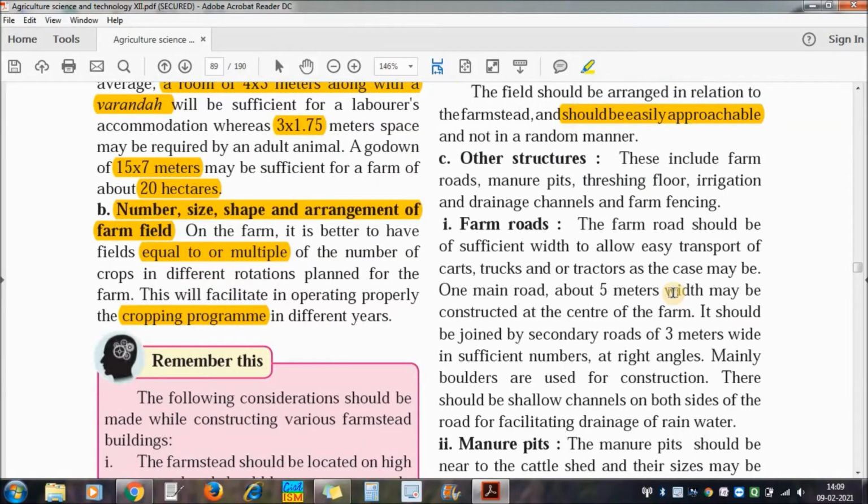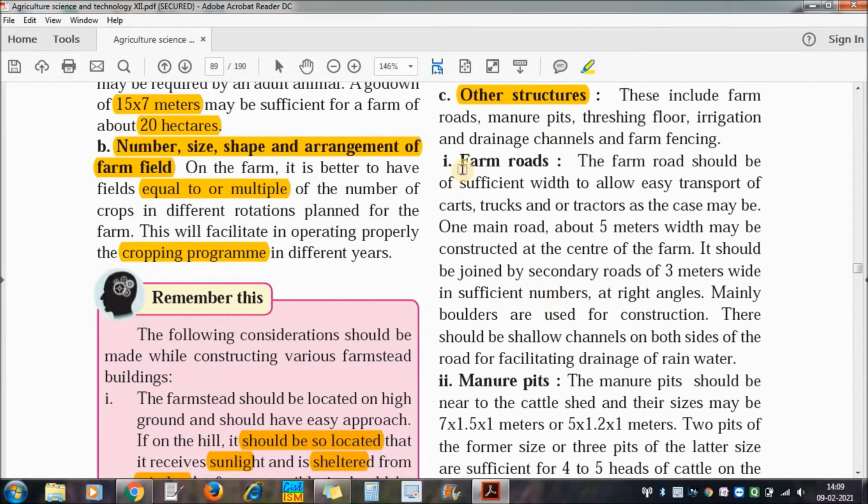This is the principle. That means there should be no wastage of time and efforts and money. There are other structures to be made on the farm. These structures are like this. Number one, farm roads. If the area is 20 hectares, it is a long area, so we should have some approach road to carry inputs into the farm and take the product out to the market.